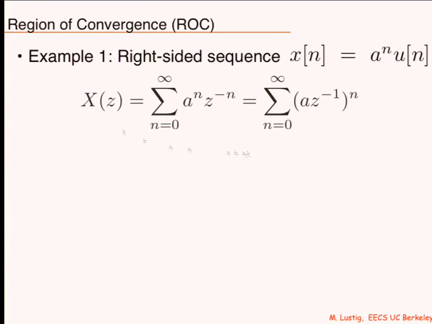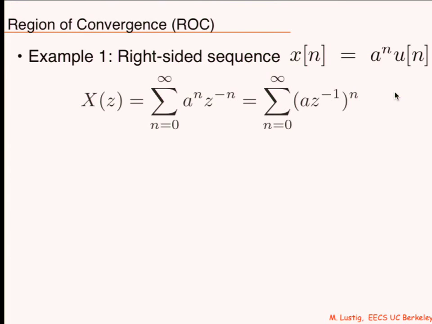So let's start from n equals 0, where it's not 0. Inside, I have a to the power of n, z to the minus n. But wait a second, there are two n's here. I can merge them into one, take the n out, and get a z to the minus 1, to the power of n.